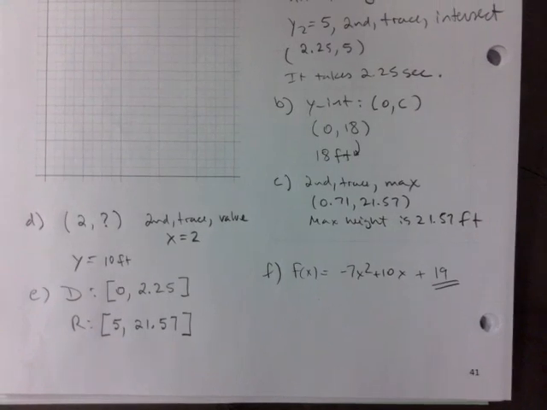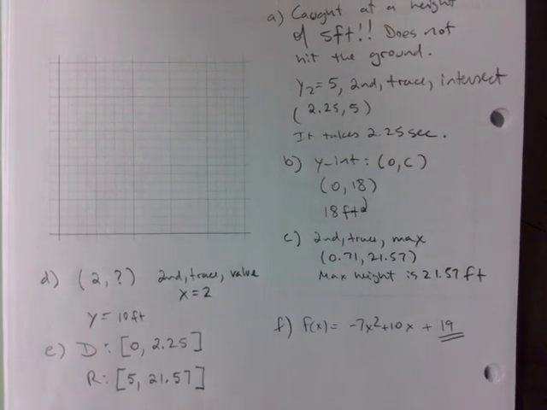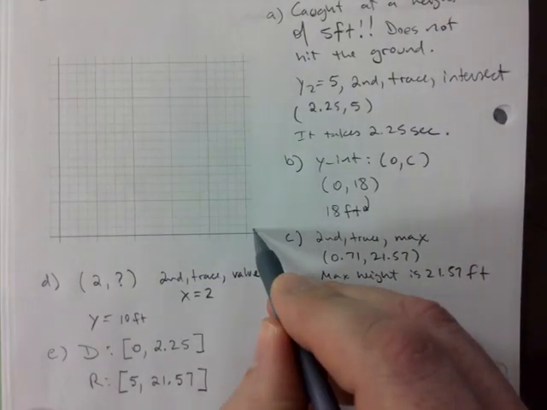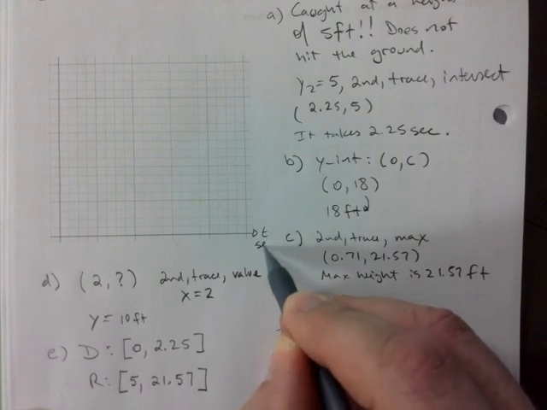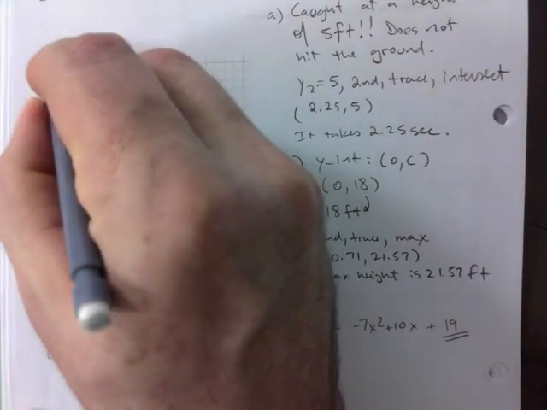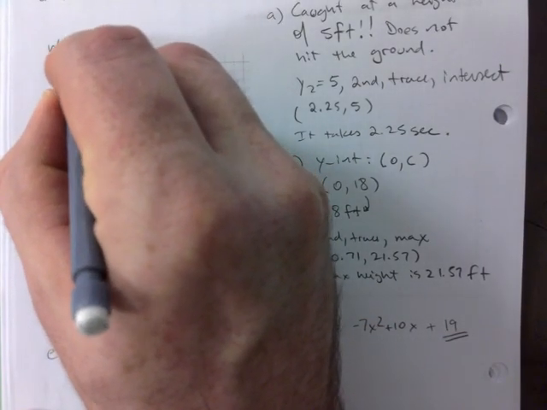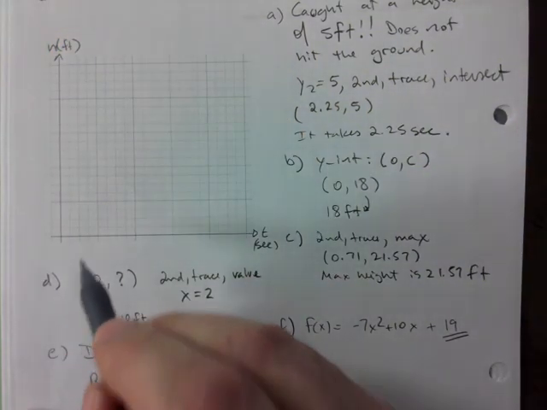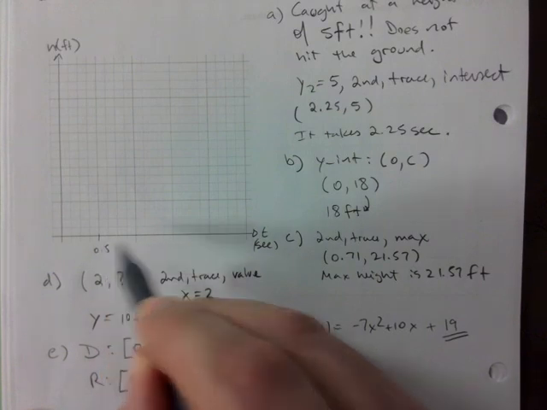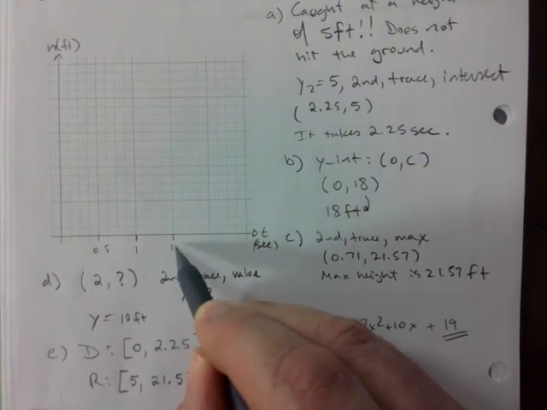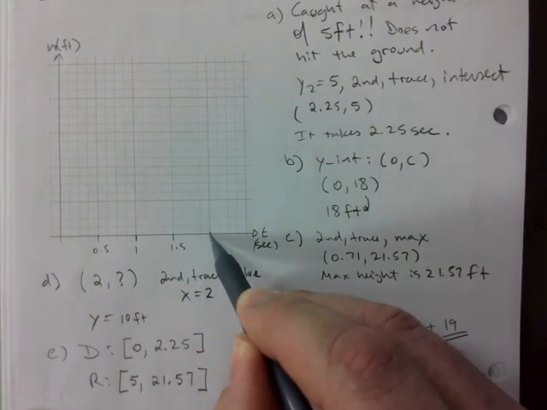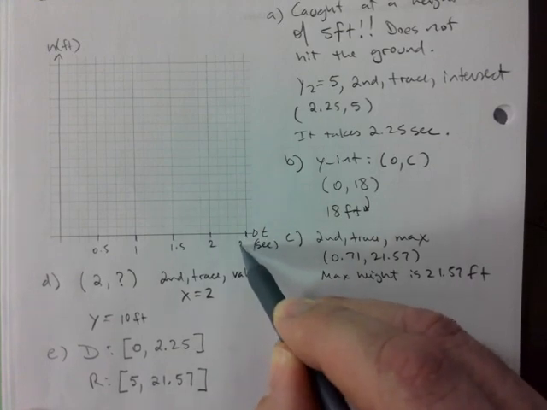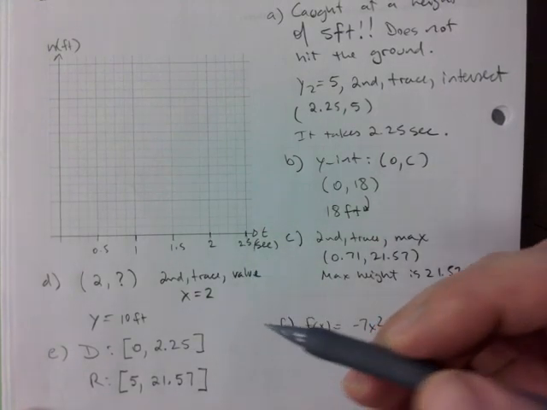Don't go right after the bell. I'm going to give you a take-home AC on this. So here it is. Time in seconds, height in feet. I'm going to use a scale of 0.5 down here: 0.5, 1, 1.5, 2, 2.5. It works just fine.